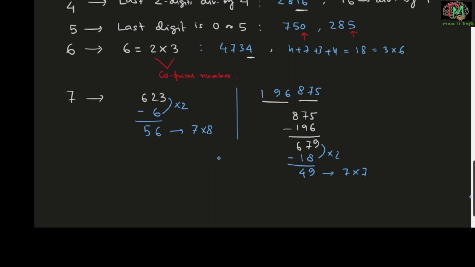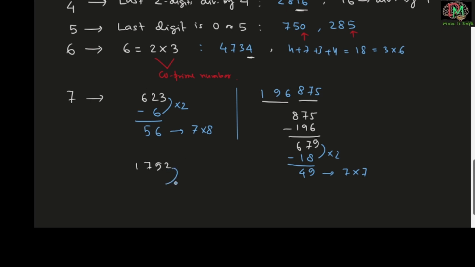And one thing you must remember: you have to apply this concept, meaning multiply the unit digit by 2, till you get a 2 digit number. What does that mean? Let's take one example, 1792. We have to check whether this number is divisible by 7 or not.